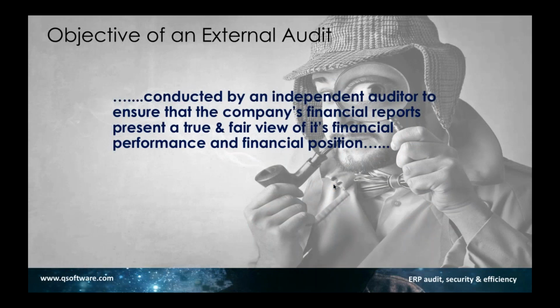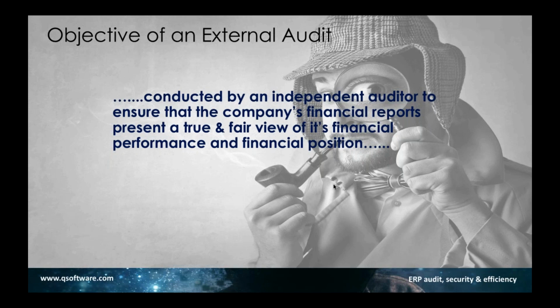So the objective of an external audit, in a nutshell, is that it is, as you can see on the screen, conducted by an independent auditor. The word independent is extremely important to ensure that the company's financial reports present a true and fair view of financial performance and financial position. i.e., the auditor's job is to look at the way that your financial information is being presented and make sure that it is correct.